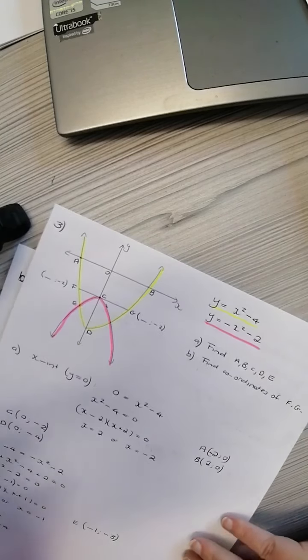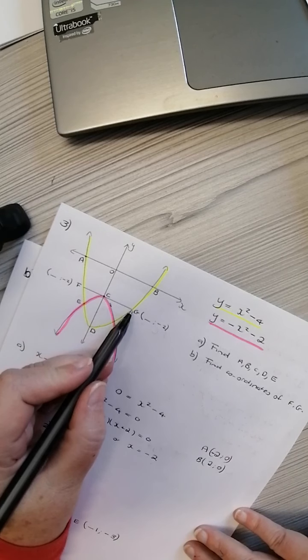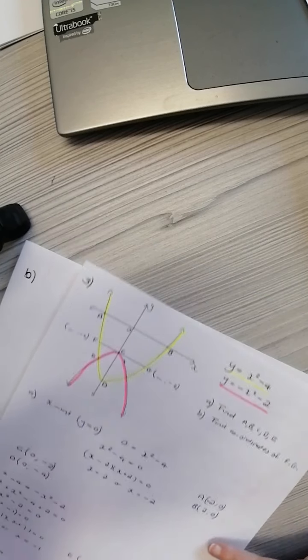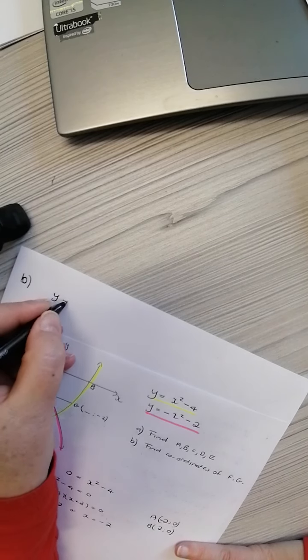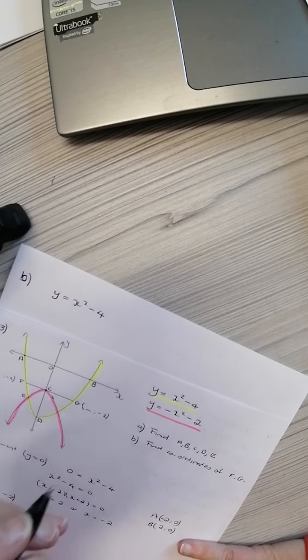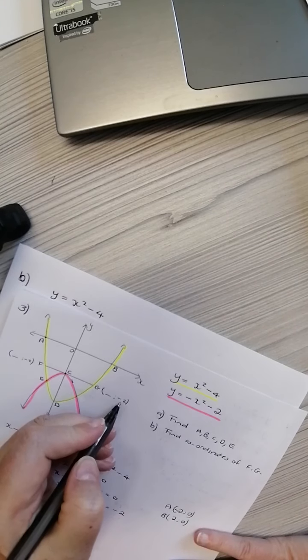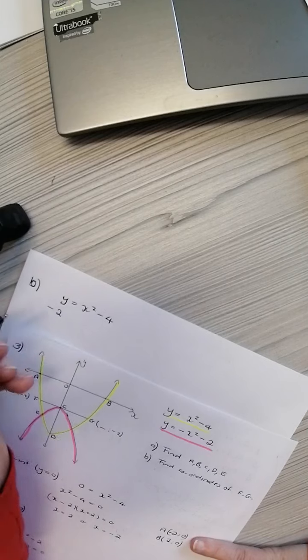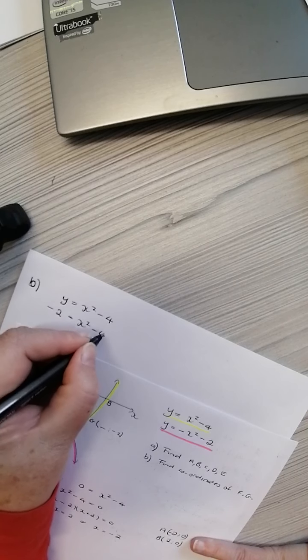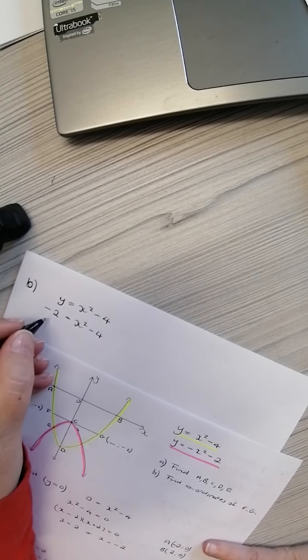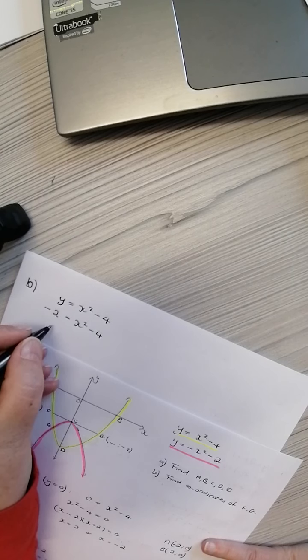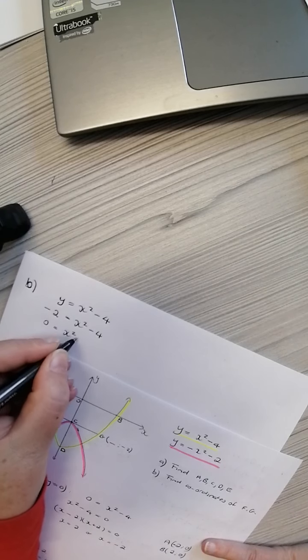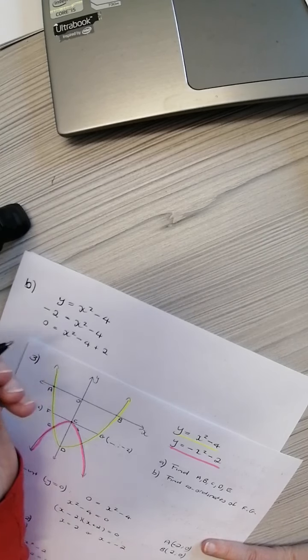Right, so we're going to use the yellow one. We're going to use y equal to x squared minus 4, and we're going to substitute the y of -2 in to get the x. So we have -2 equal to x squared minus 4. Bring across the 2, so we have x squared minus 4 plus 2.